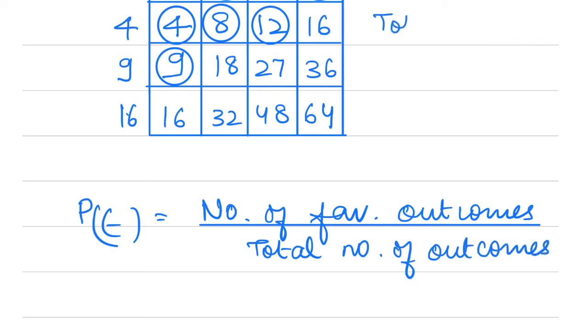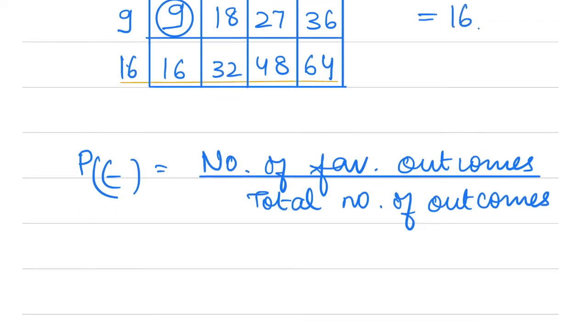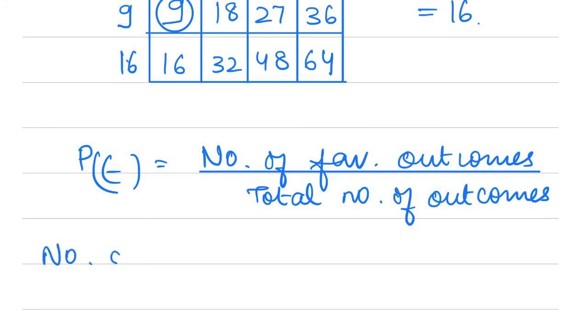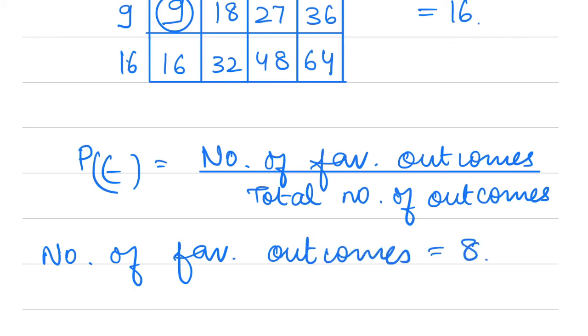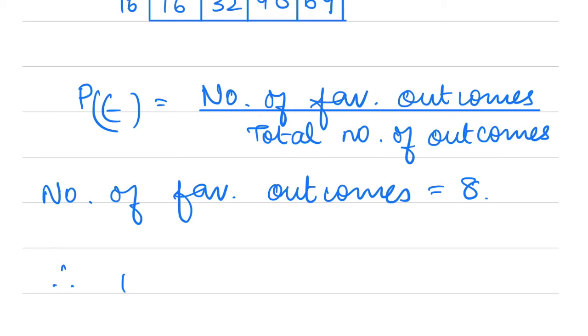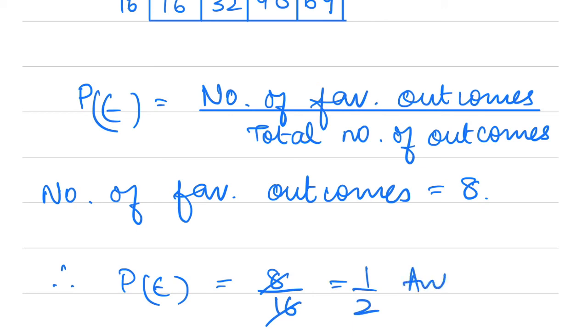So total outcomes are 16 here. Okay, and number of favorable outcomes are 8. Therefore, probability of this event is equal to 8 by 16. So we have 1 by 2. Answer.